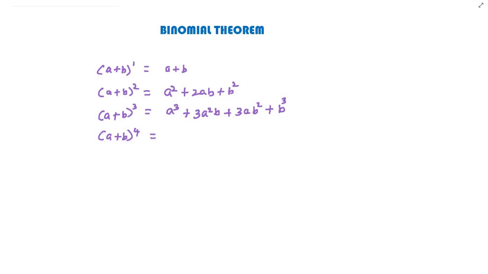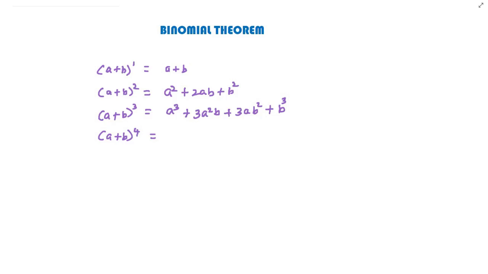The index in (a + b) the whole cube is 3, and the number of terms we have is 1 a cube, 2 3a square b, 3 3ab square and 4 b cube, 4. So we can say that the number of terms in each expansion is 1 more than the index. So the number of terms in (a + b) whole power 4 should be 5.